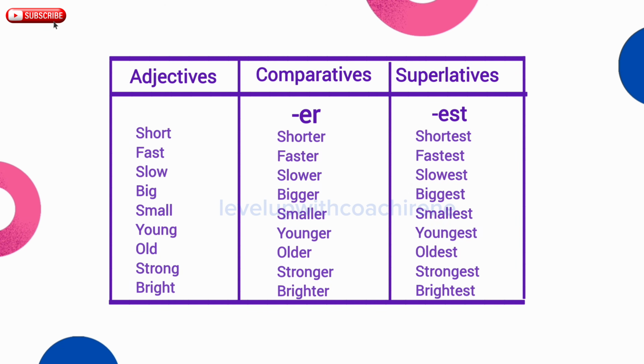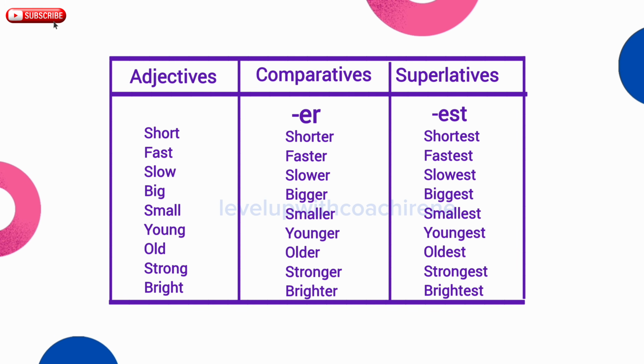Examples we have short, shorter, shortest, fast, faster, fastest, slow, slower, slowest, big, bigger, biggest, small, smaller, smallest, young, younger, youngest, old, older, oldest, strong, stronger, strongest, bright, brighter, brightest.